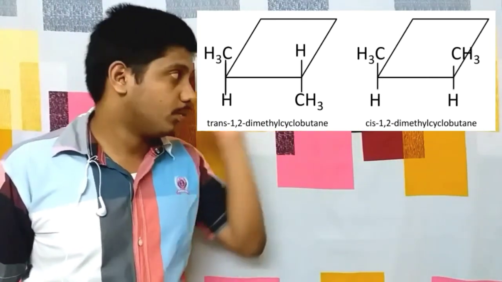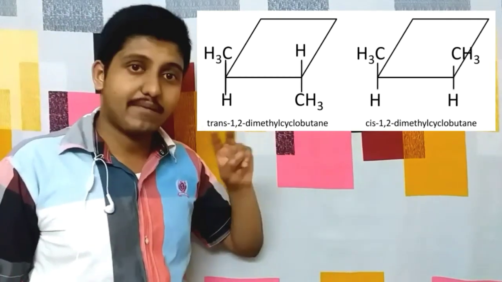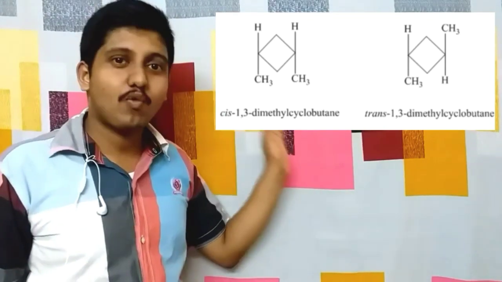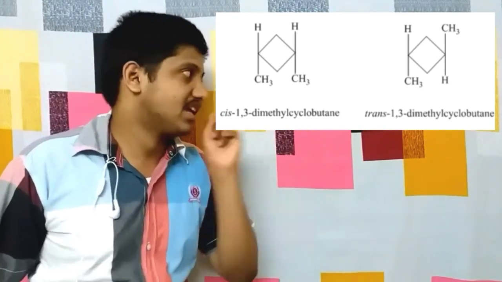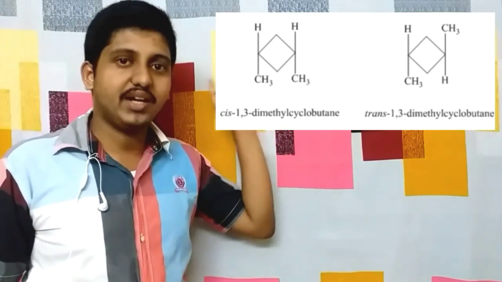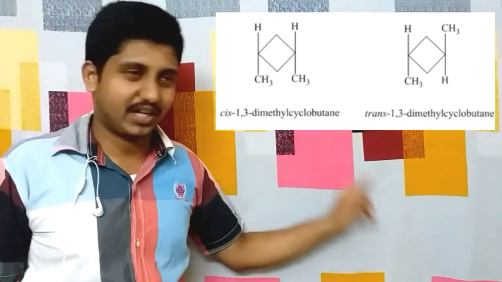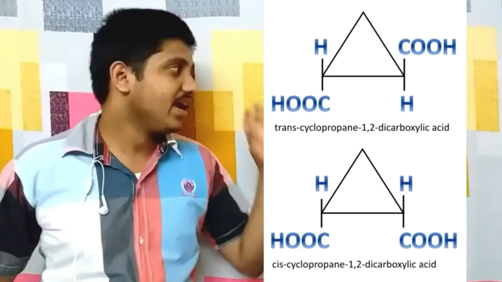For cyclobutane we also have another di-substitution possible, that is 1,3. So 1,3-dimethyl cyclobutane also shows geometrical isomerism as cis 1,3-dimethyl cyclobutane and trans 1,3-dimethyl cyclobutane. Next we can take the case of cyclopropane.